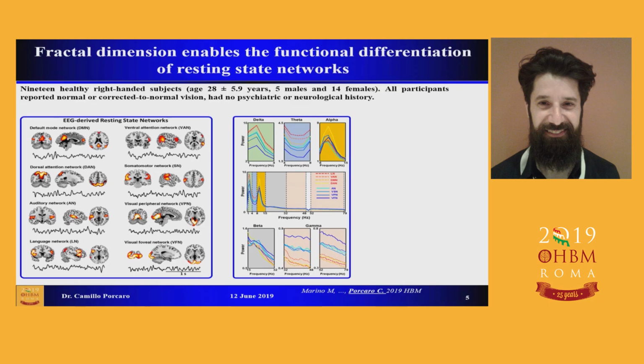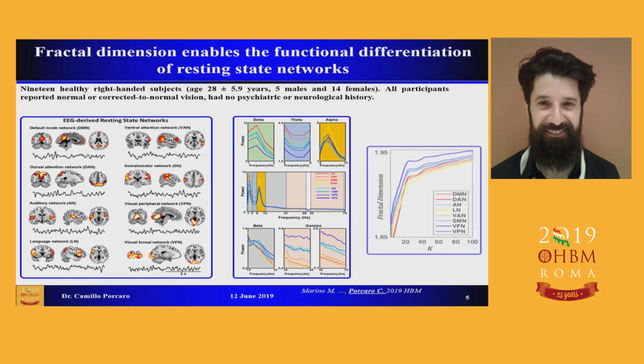We can have the power spectral density divided by the main frequency bands, from delta to gamma, but we also calculate the fractal dimension. As you can see, especially for the gamma and the fractal dimension, there seems to be some order in the complexity or in the signal of these resting state networks.